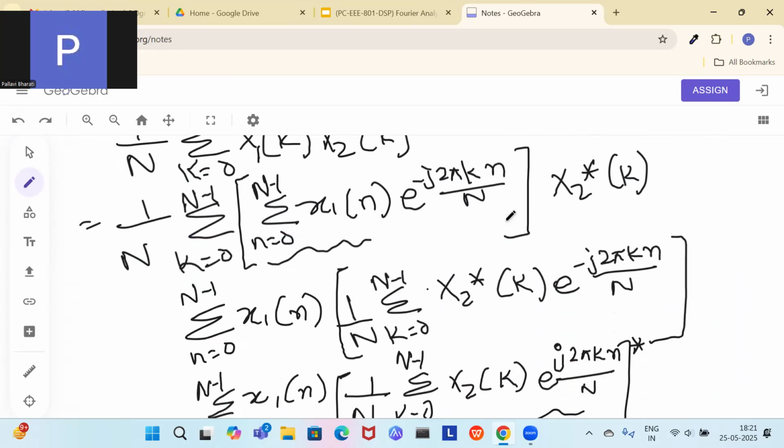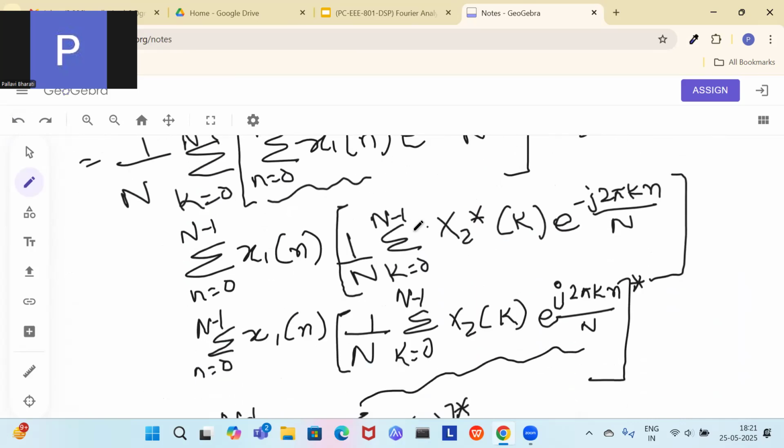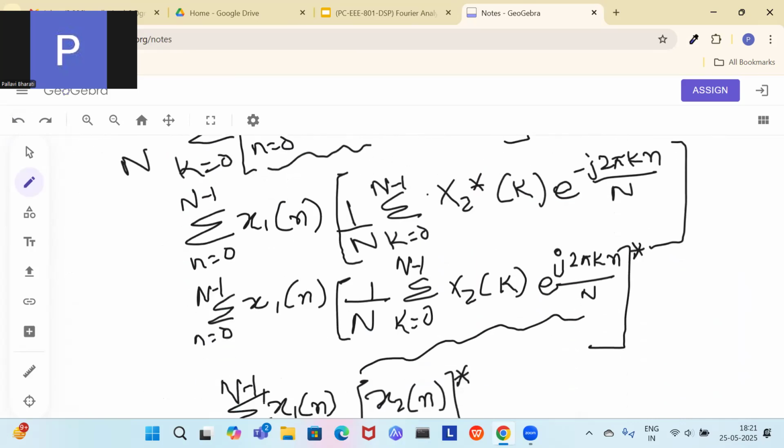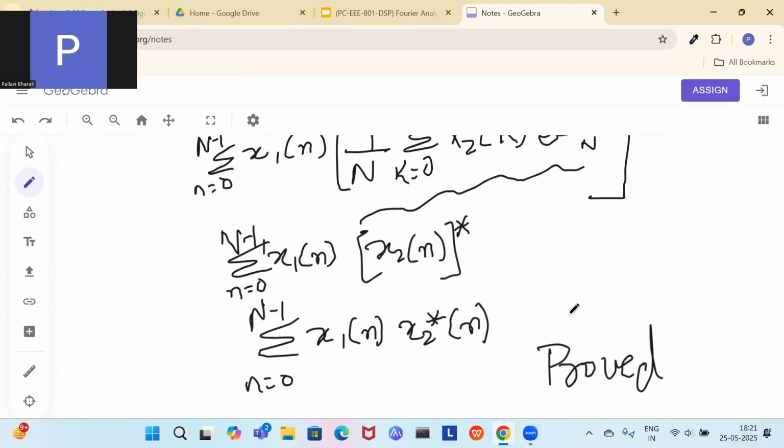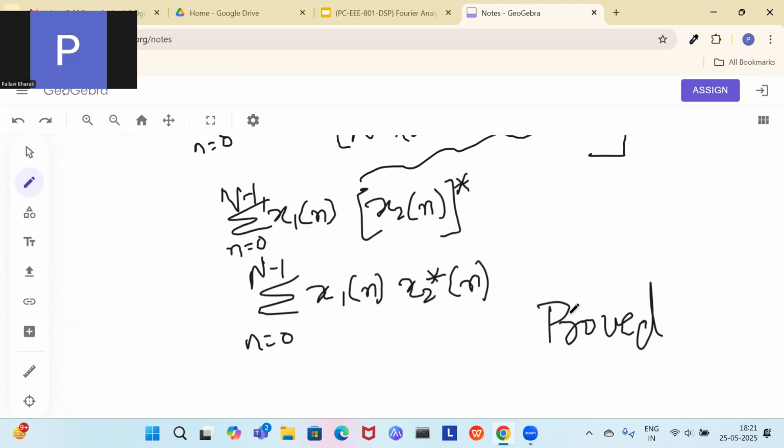This x1n you put outside, and the k summation you put inside, clubbed with x2 star k and this term. Now the star, if you put it outside, the sign will change here also. So x2k e to the power j 2 pi k n by N. And finally we had x2n star, x2 star n. This way we have proved Parseval's theorem.